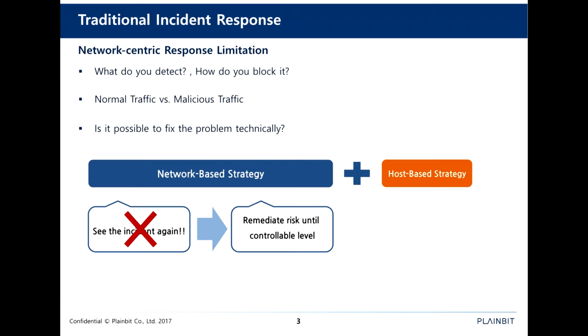Recent targeted threats are difficult to defend with the network alone, so network defense strategies and host defense strategies must be used together. The network defense strategy should be directed towards reducing the threat to the level of host detection, and the source, destination, and IP domain of traffic should be managed well in order to identify the cause of the accident.